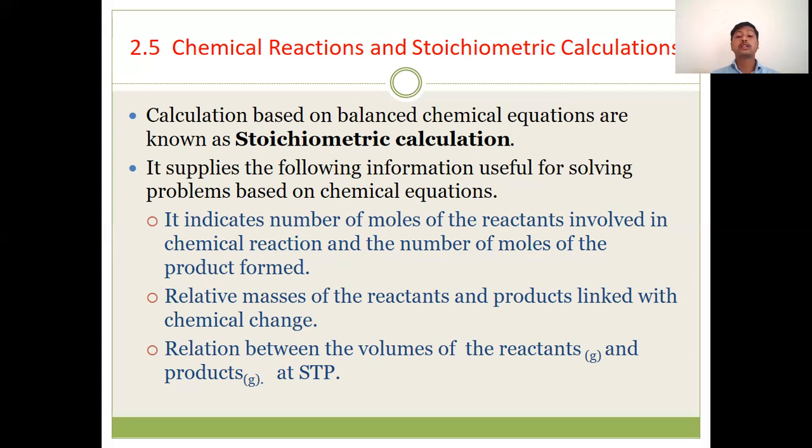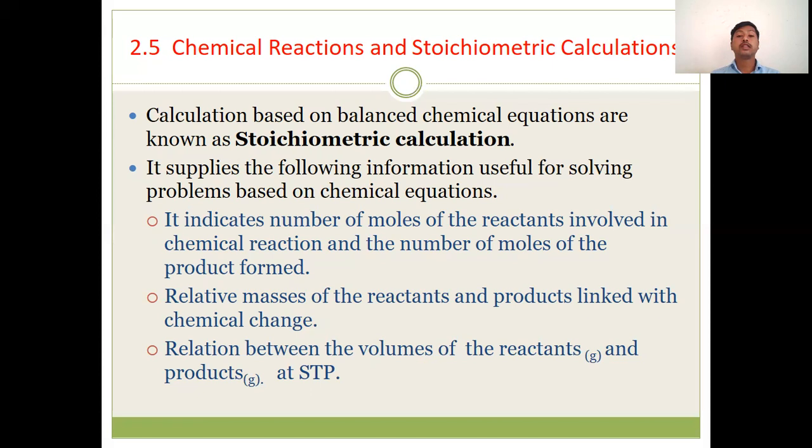Then the first point: it indicates the number of moles of the reactants which are involved in a chemical reaction and also the number of moles of the product which is formed on the right side of that chemical reaction. Okay, this is the first point.